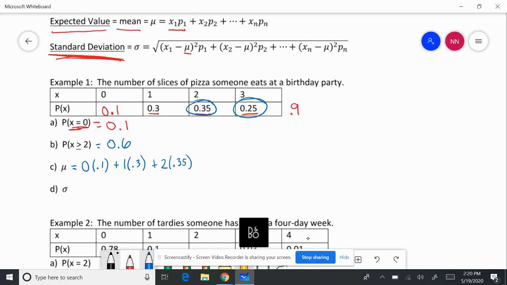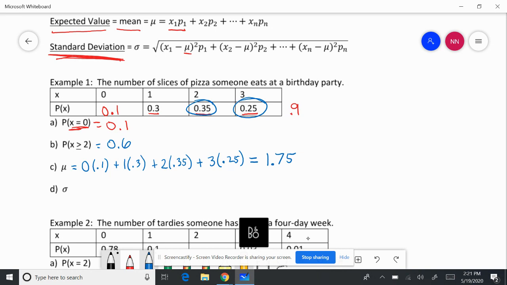And then we take our last x value and times it by its probability. We add up all those values and hopefully you have your calculator out. I just put it straight into the calculator and I get the answer 1.75. That means on average, anybody that comes to the party eats about 1.75 pieces of pizza. Now, obviously nobody does that, but that tells us what the average is.